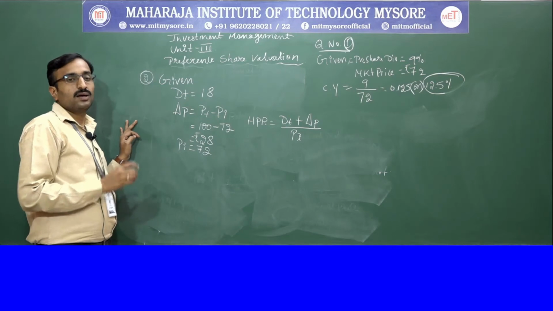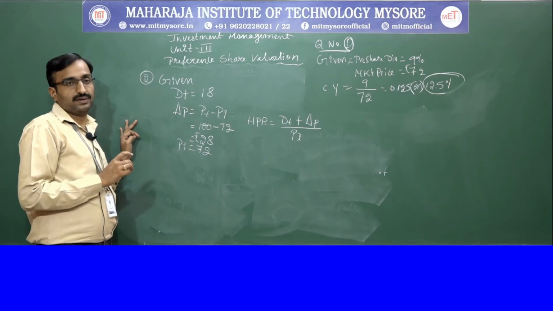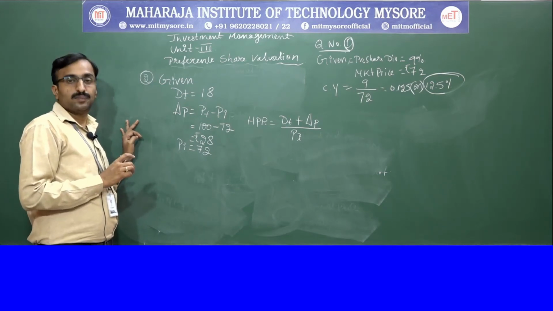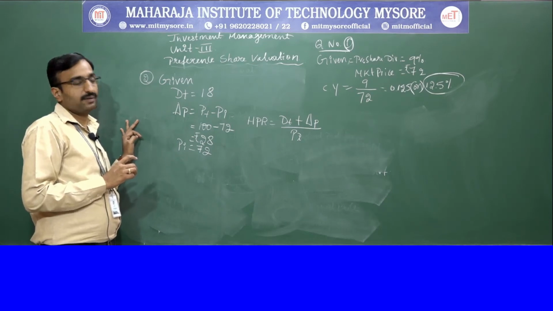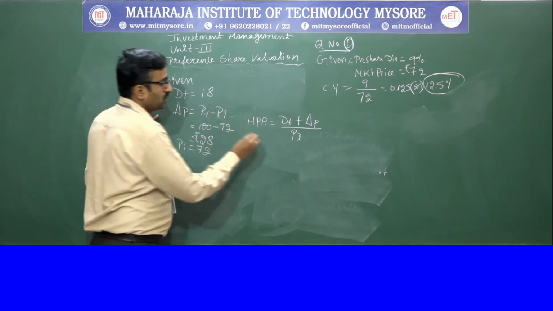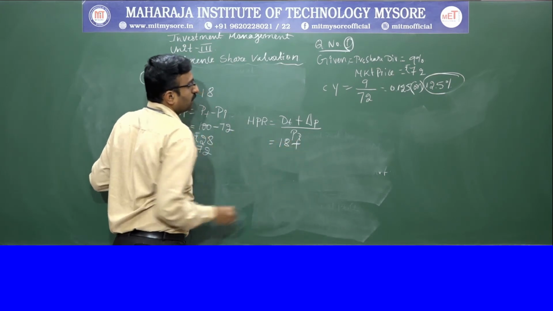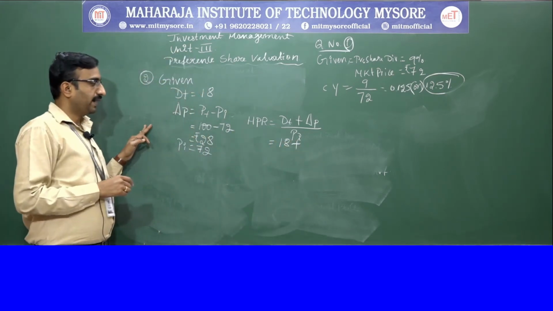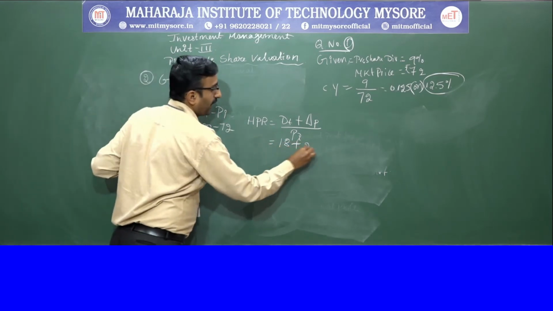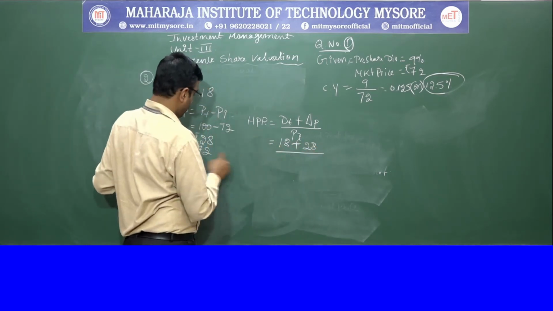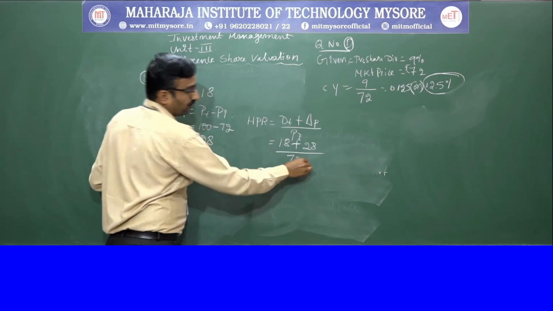So, this formula we are going to apply. Here Dt is equal to how much? 18, plus delta P is equal to 28, divided by 72.